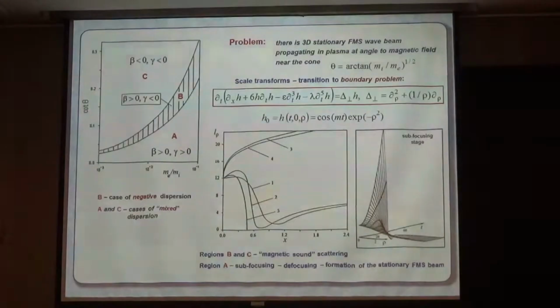Subfocusing stage, here, when the beam amplitude grows exponentially with time, you can see it's bigger. Stage of nonlinear saturation, when the dispersion effects of higher order start to play a predominant role. And after that, we observe the stage of diffusing with formation of a stationary plasma-sonic wave.